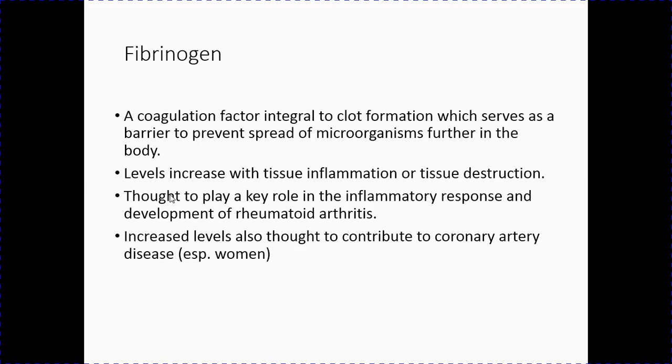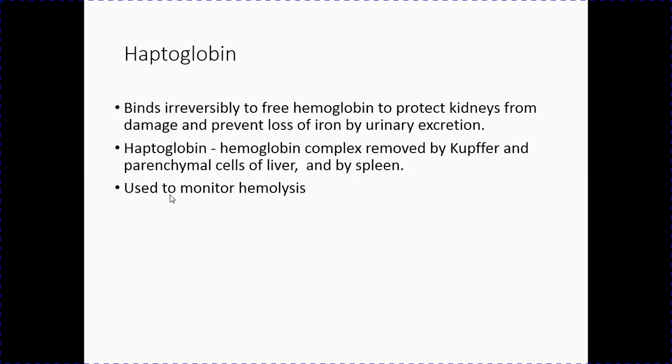That can cause some damage over time, and you end up with potential for coronary artery disease. But if we look at the primary function in table 3-2, what is it? It's involved in clot formation. The other things are kind of secondary actions of fibrinogen as an acute phase reactant.